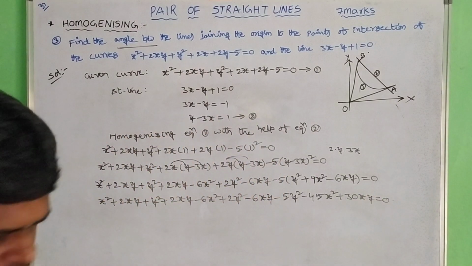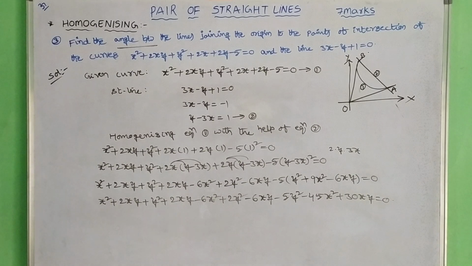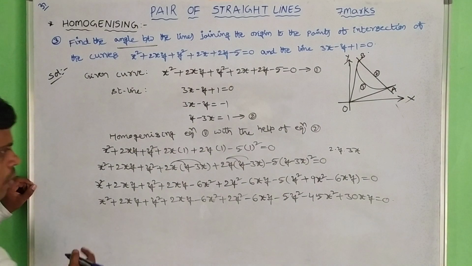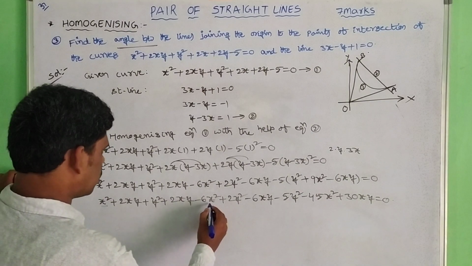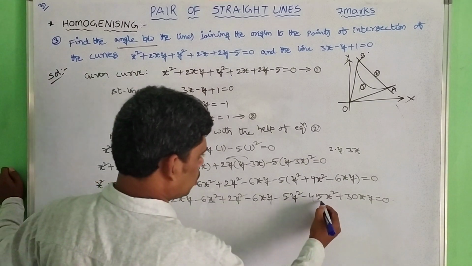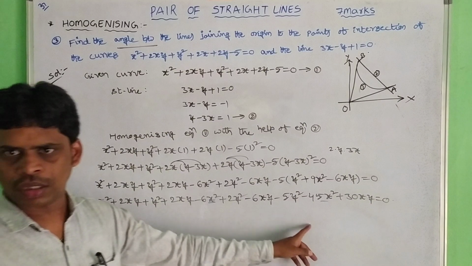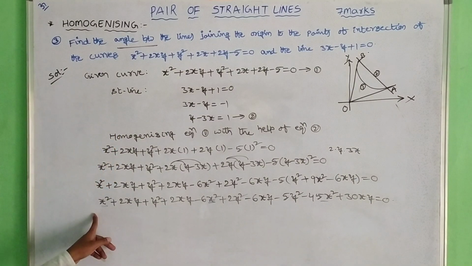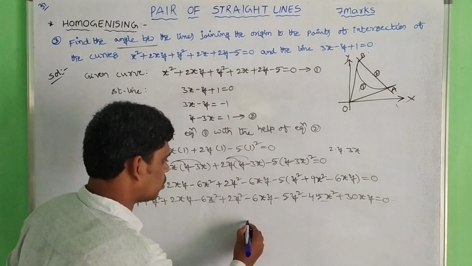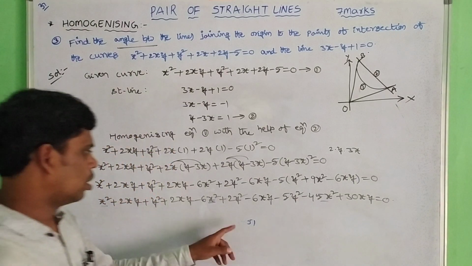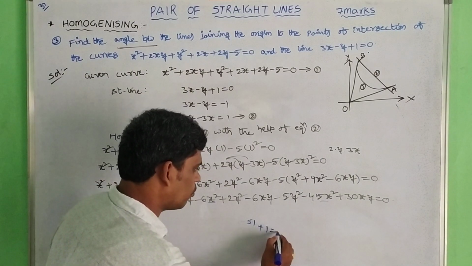Now pick up the x square terms, xy terms and y square terms. First, the x square terms: this is x square, this is x square and this is x square. These two are minus terms and this one is the only positive term. So minus 6 minus 45 is minus 51, plus 1 equals minus 50.